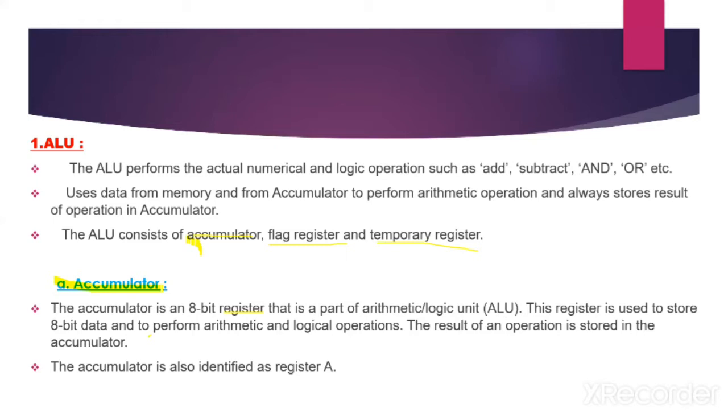All data transfer between the CPU and I/O devices, means input-output devices, is performed through the accumulator. Many memory reference instructions move data between the memory and accumulator. Accumulator is also identified as register A.